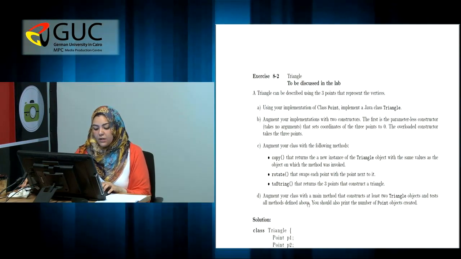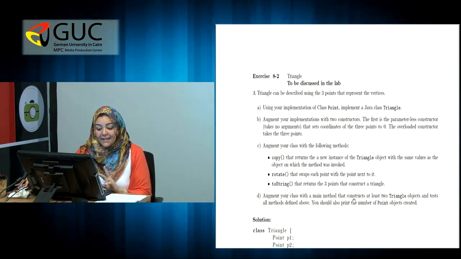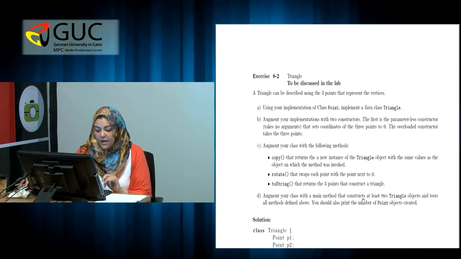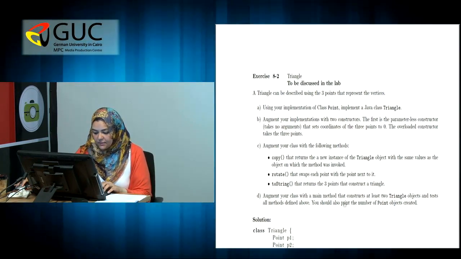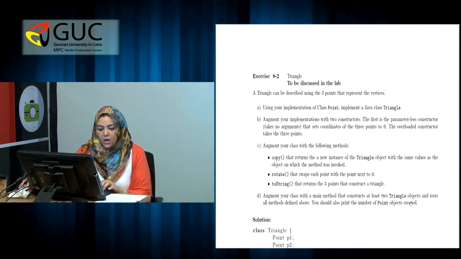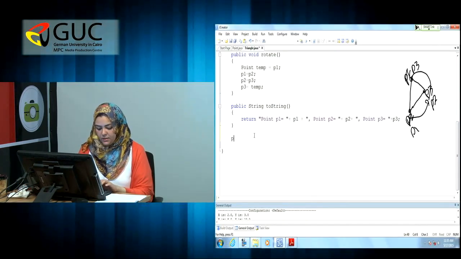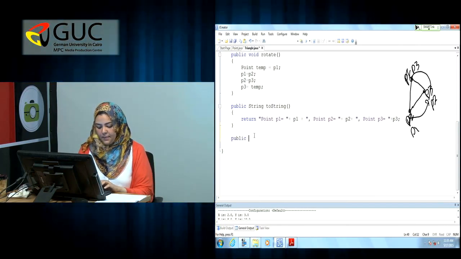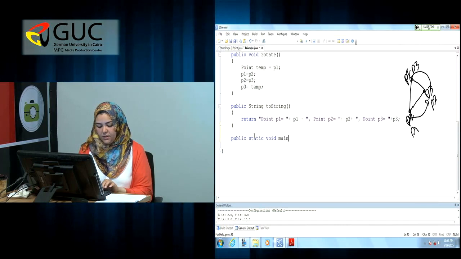We say augment your class with the main method that constructs at least 2 triangle objects and tests all methods defined above. And you should also print the number of point objects created. Okay? So let's have our main method. We say public static void main, and then String args.